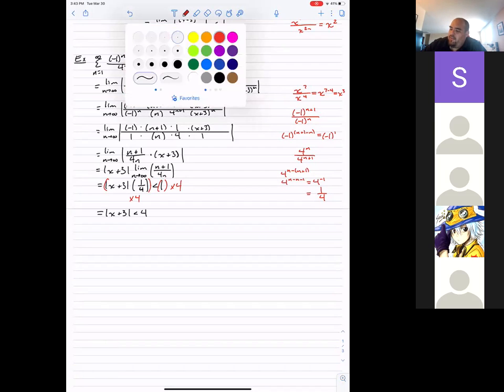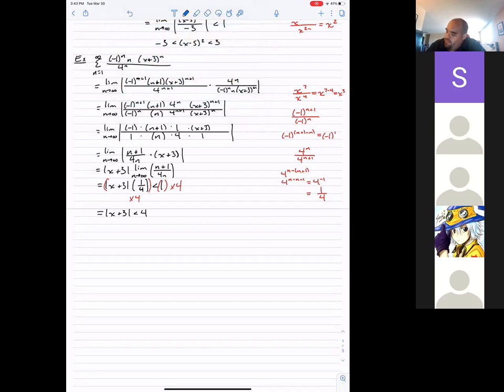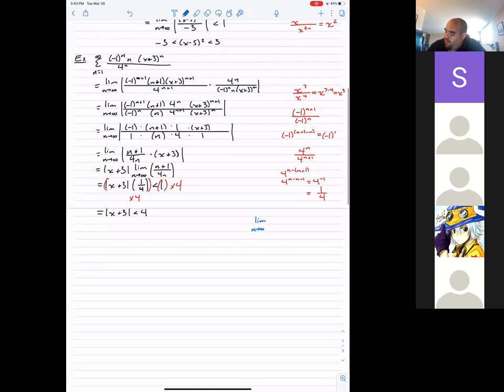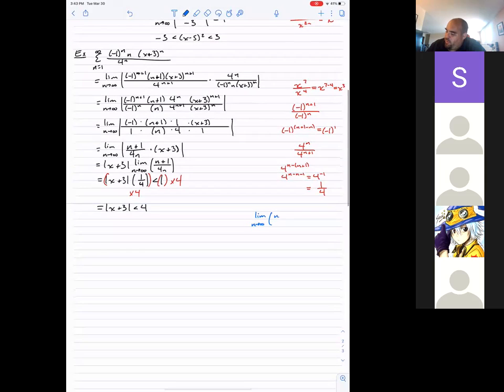Sure. So let's pull that off to the side here. And I'll explain this a couple different ways. One is kind of Mark's preferred approach, but I'll give you an alternative. So n plus 1 over 4n. This is a rational function. I have a polynomial in the numerator and a polynomial in the denominator.